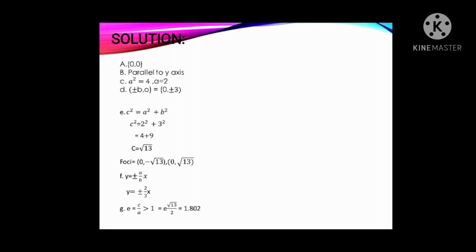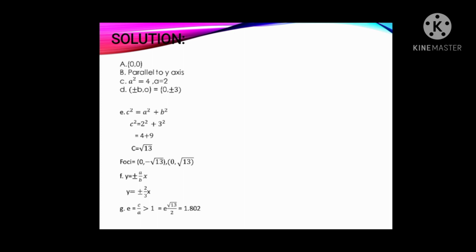So c squared is equal to 2 squared plus 3 squared, which is 4 plus 9. c is equal to the square root of 13. The foci are 0, negative square root of 13, and 0, square root of 13.